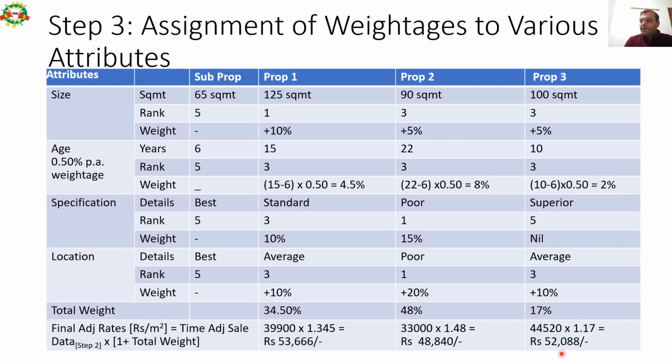After calculating the time adjusted sale price, we have to assign weights for each attribute for each sample data property. The first attribute is size. The subject property to be valued has a ranking of 5. However, property number 1 has a ranking of 1, a poor ranking on this attribute.